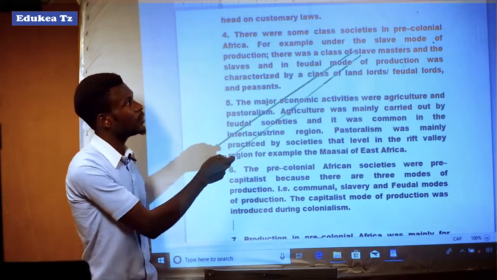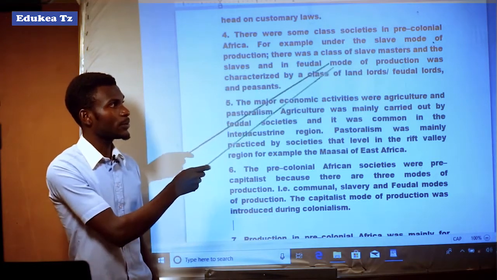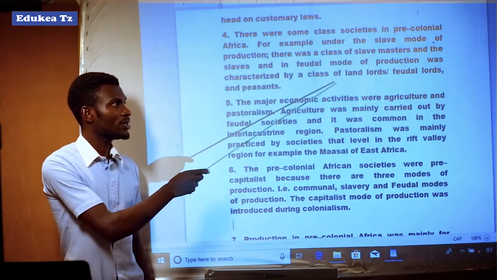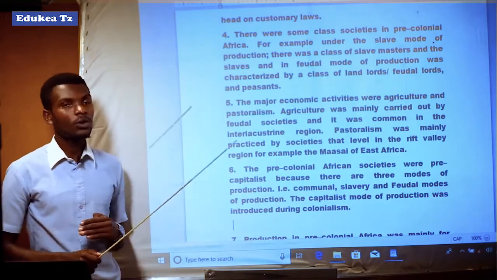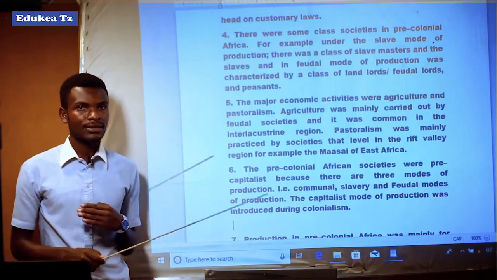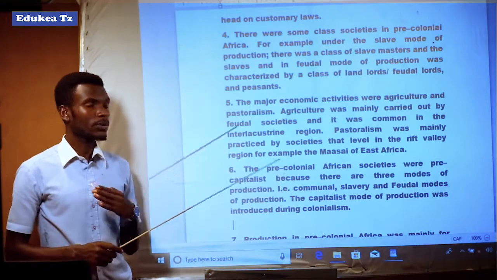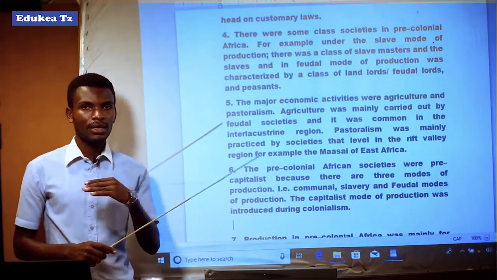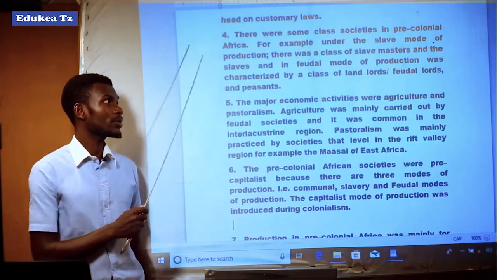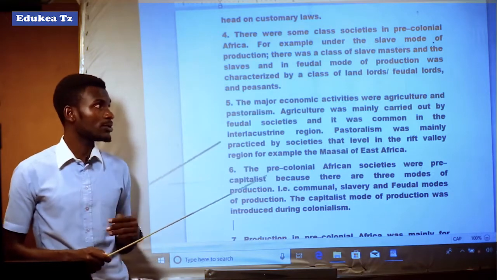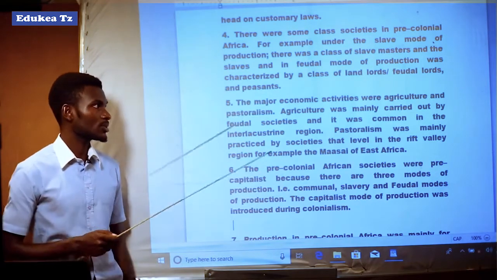For example, under the slave mode of production, there was a class of slave masters and slaves, and the feudal mode of production was characterized by a class of landlords, or feudal lords, and the peasants. So these were classes which were present in the societies.